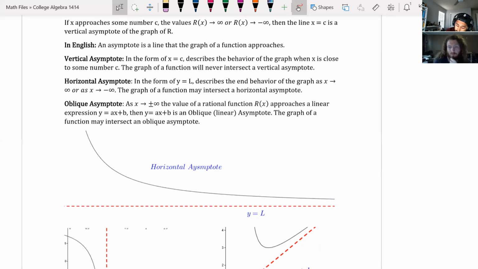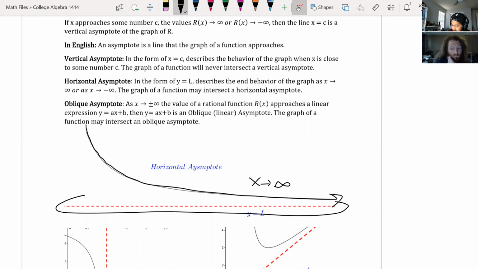So here's our graph, and it says as x approaches infinity, so if we're headed to the right, this means that as x approaches infinity, this graph starts to approach some line known as y equals L. So as x gets larger and larger, y gets closer and closer to this line, but may never touch it.